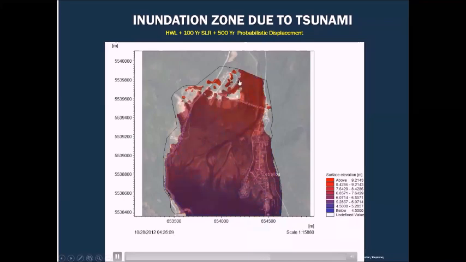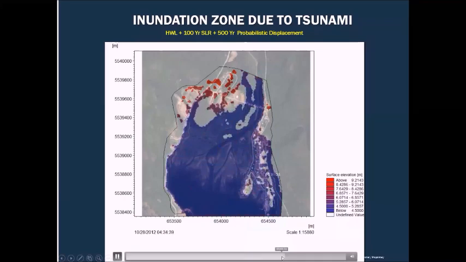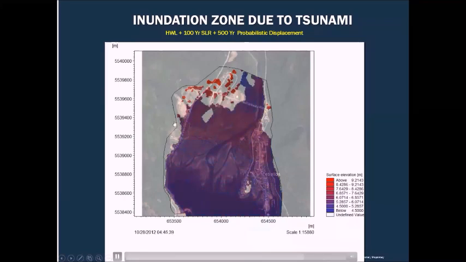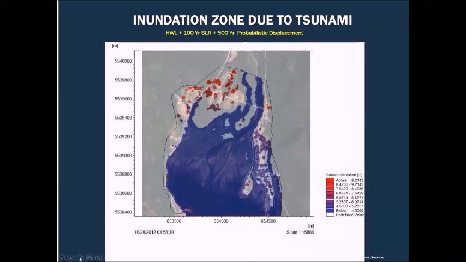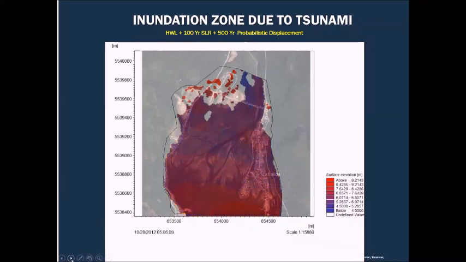Again, the third wave is coming. Based on this information, we have identified the inundation zone from the tsunami for the community. Next slide. Okay, this is the worst one.